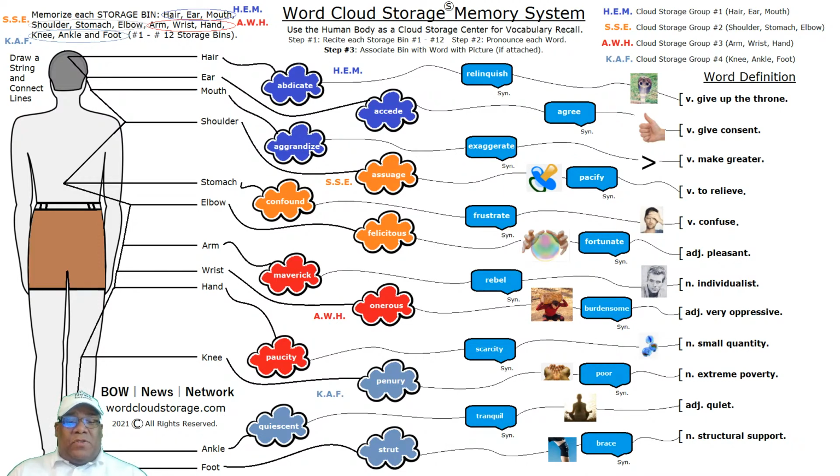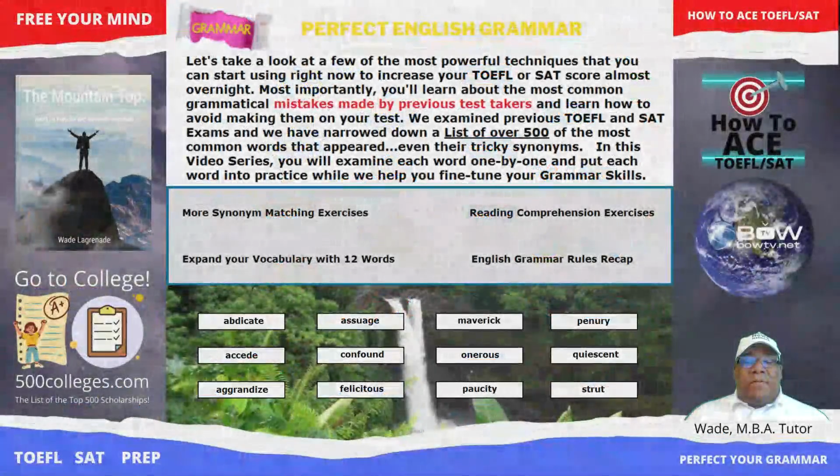And by remembering the story or making a picture-to-word association, which is what we do here with the cloud memory system, that's going to increase your chances of recalling these words on the fly. Whether you see the synonym first or the word first in a reading passage or in a listening exercise, that's going to significantly increase your ability to score well, whether it be preparing presentations in corporate America or standardized exams. Being able to stretch your vocabulary is going to be very, very important.